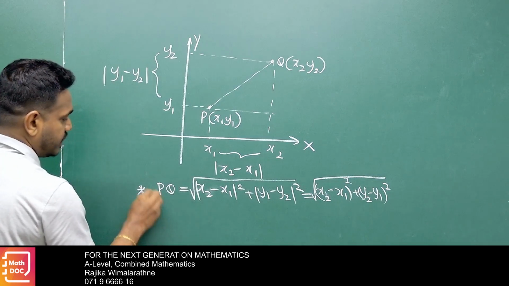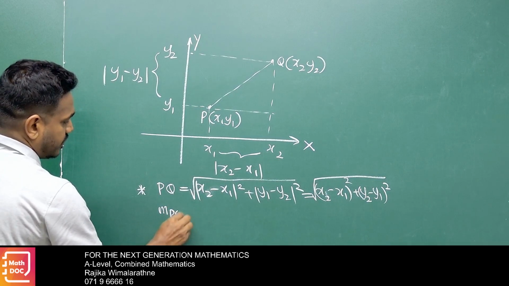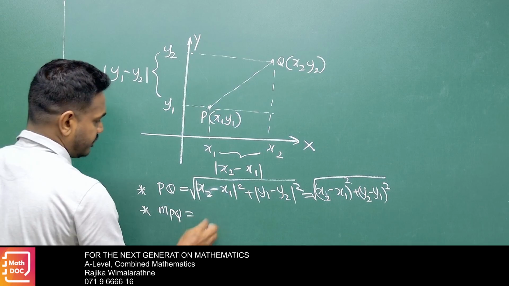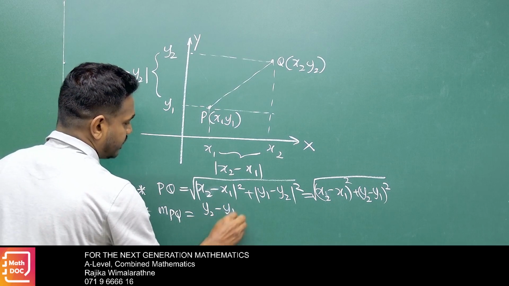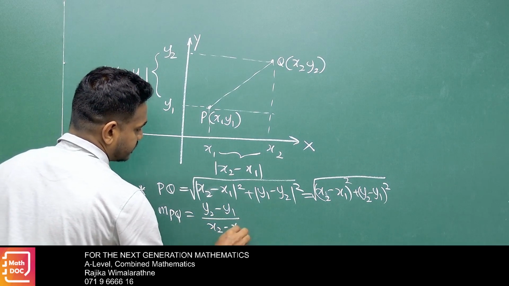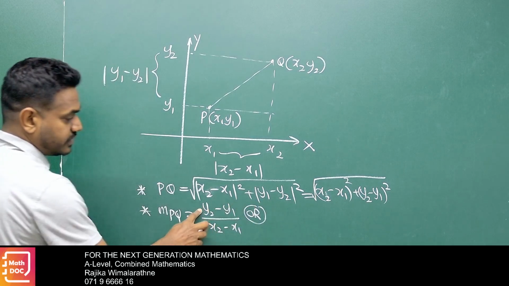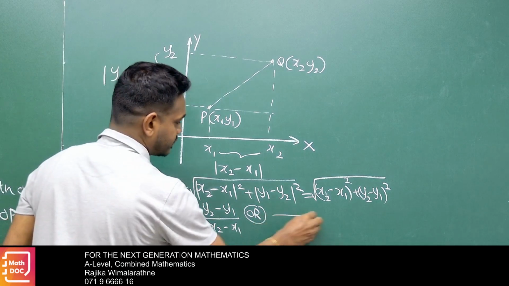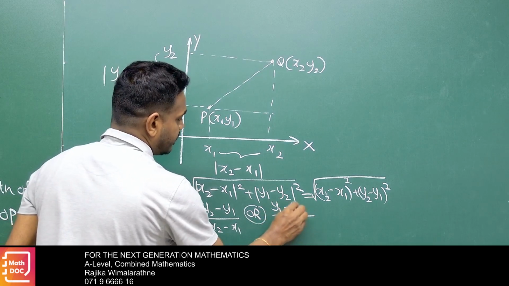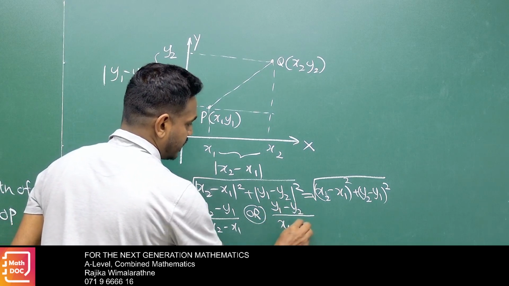Then m of PQ we write y2 minus y1 over x2 minus x1, y difference over x difference. Here I have started with the second coordinate, but you can start with the first coordinate as well: y1 minus y2 over x1 minus x2.